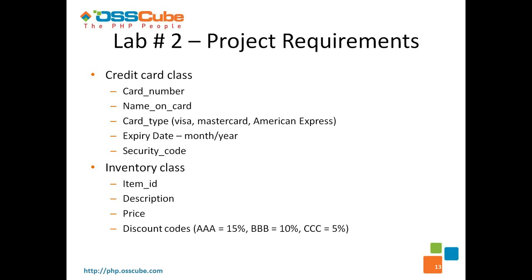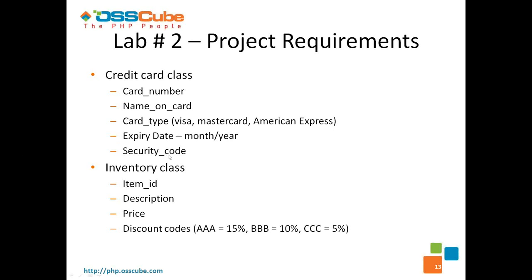I'd like you to define the classes and write setters and getters for one of these classes. So you can do either the credit card class or the inventory class, and these are the property items that we want them to have.